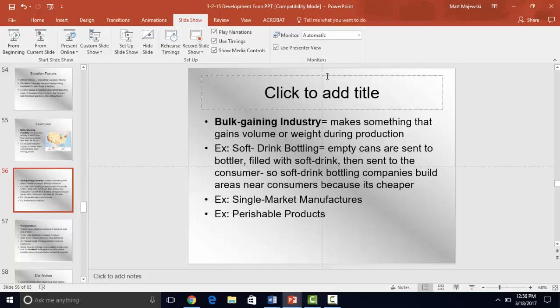So transportation costs are actually a lot higher after the soft drink has been canned or bottled, because the weight of it has increased significantly, which is going to be more of a cost for distribution. So they tend to locate and build bottling companies much closer to consumers. Our bottling companies are located in, for instance, Irwindale, and right outside of Orange County, so that they can supply the needs of the people in a few minutes or hours.